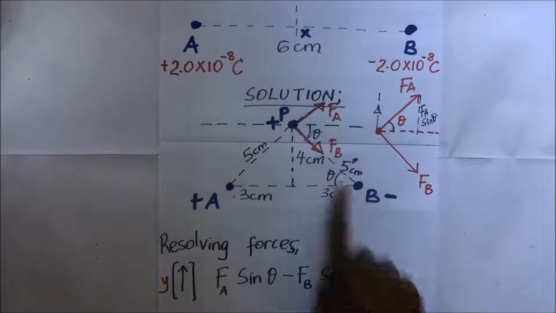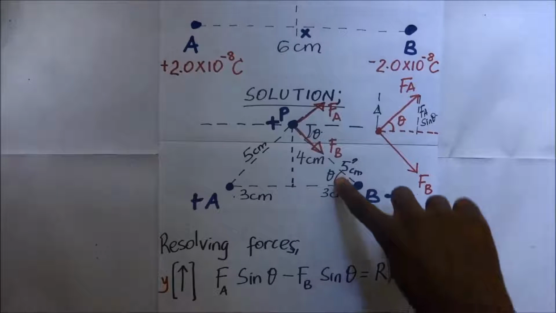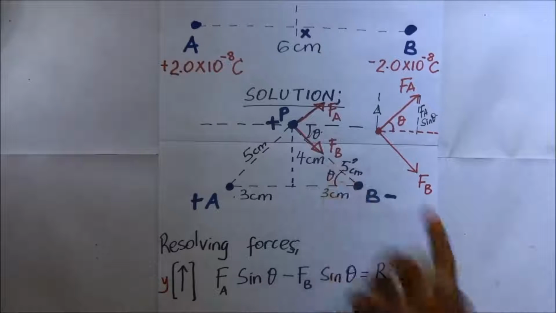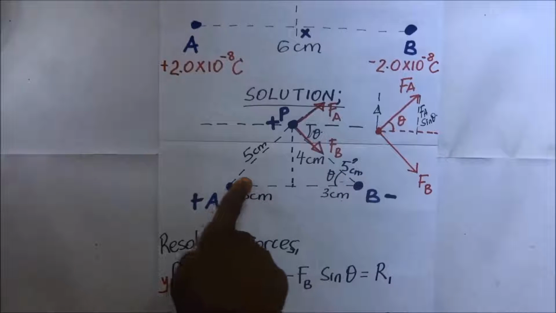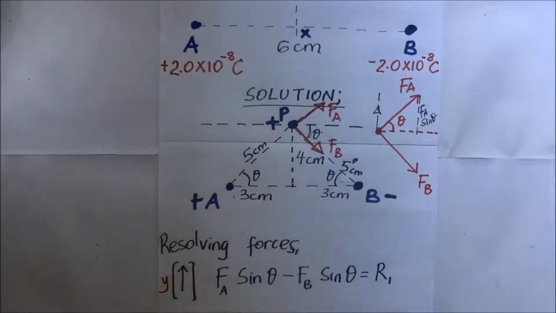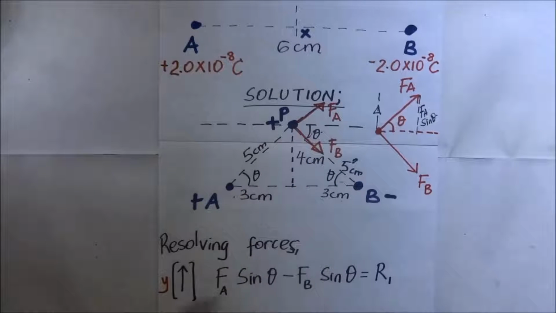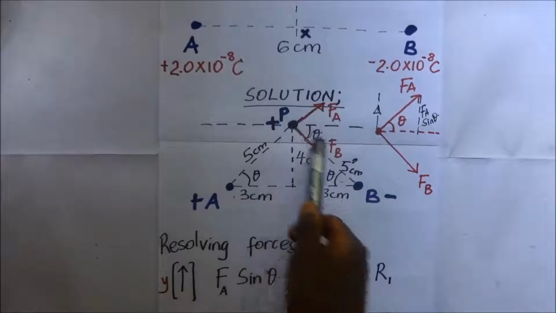That makes it an isosceles triangle. And if this is the value of theta here, one thing about isosceles triangles is that the base angles are the same. So if this is angle theta, this angle here is also theta. This angle is equal to that because these are alternate angles.